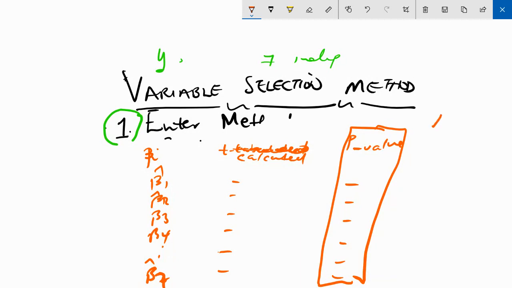For example, suppose our alpha is 0.05, and your P values, maybe the first P value here is 0.6, 0.9, 0.03, 0.0001, 0.9, 0.2. Suppose we have these P values. I will explain how it works.